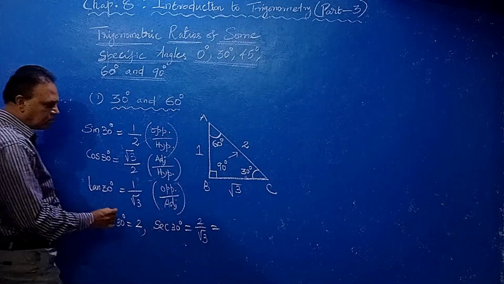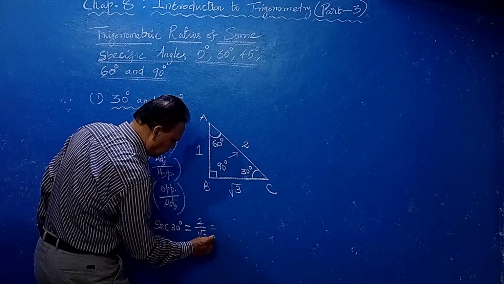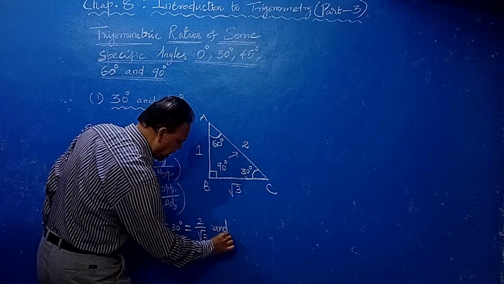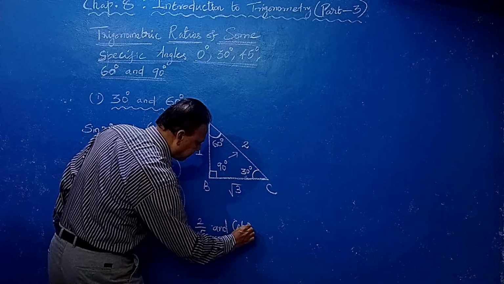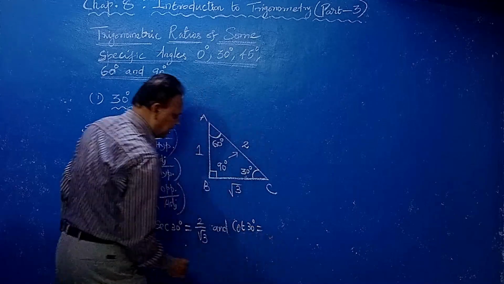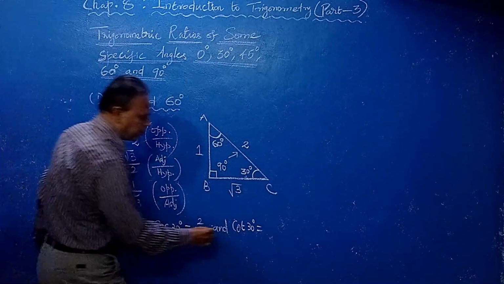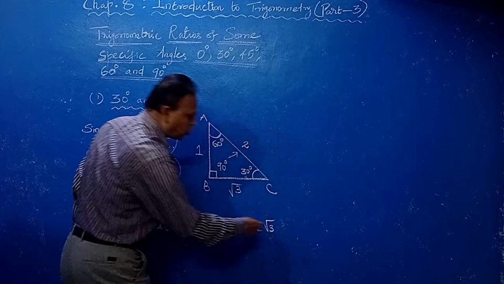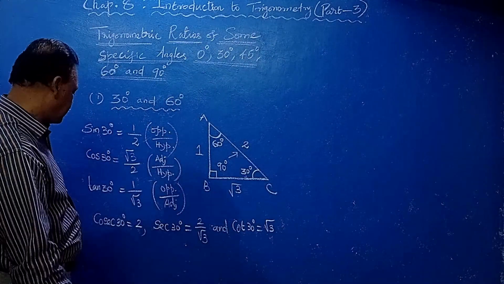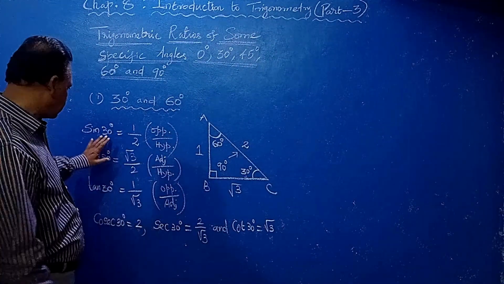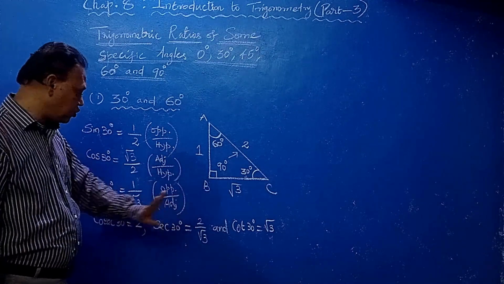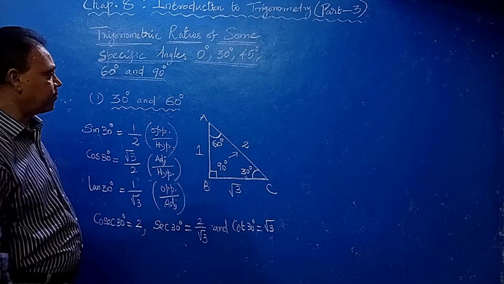Cot 30 is the reciprocal of tan, that is root 3 by 1, which is root 3. So for 30 degree, all 6 trigonometric ratios you have to remember.